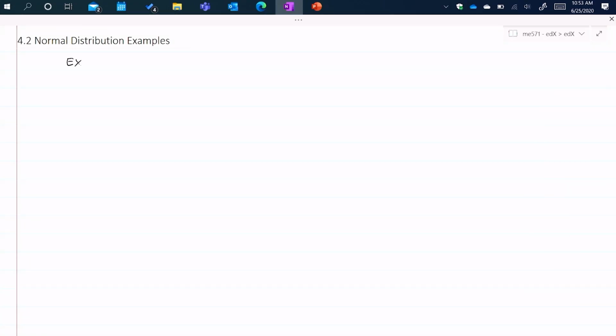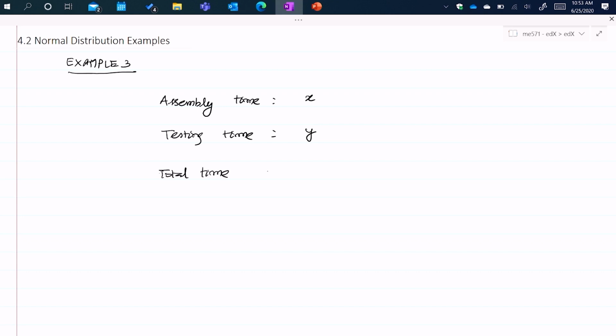This is example 3. Let's say assembly time is the random variable x, and testing time we denote with a random variable y. Total time, let's call it t. T is equal to x plus y.